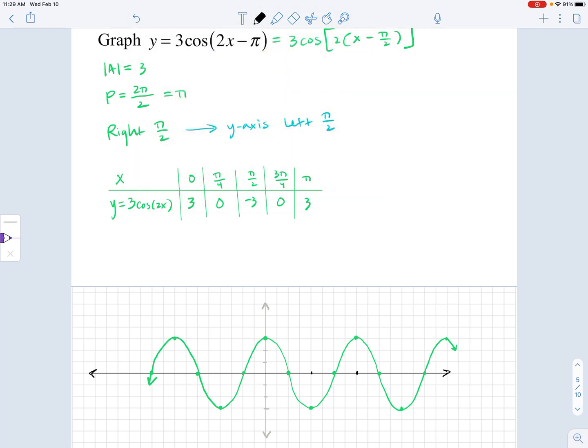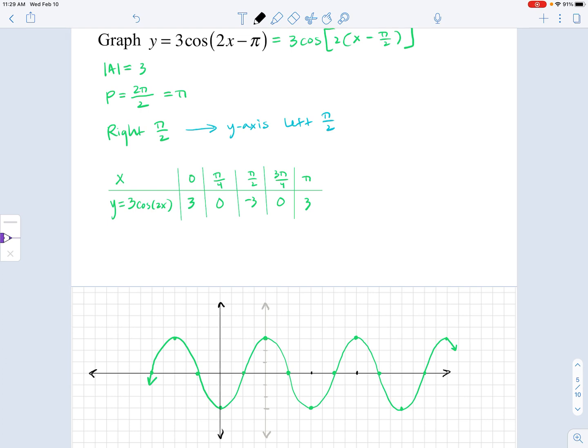Okay, so I'm going to now shift my y-axis left pi over 2 units. So that would be over to here.